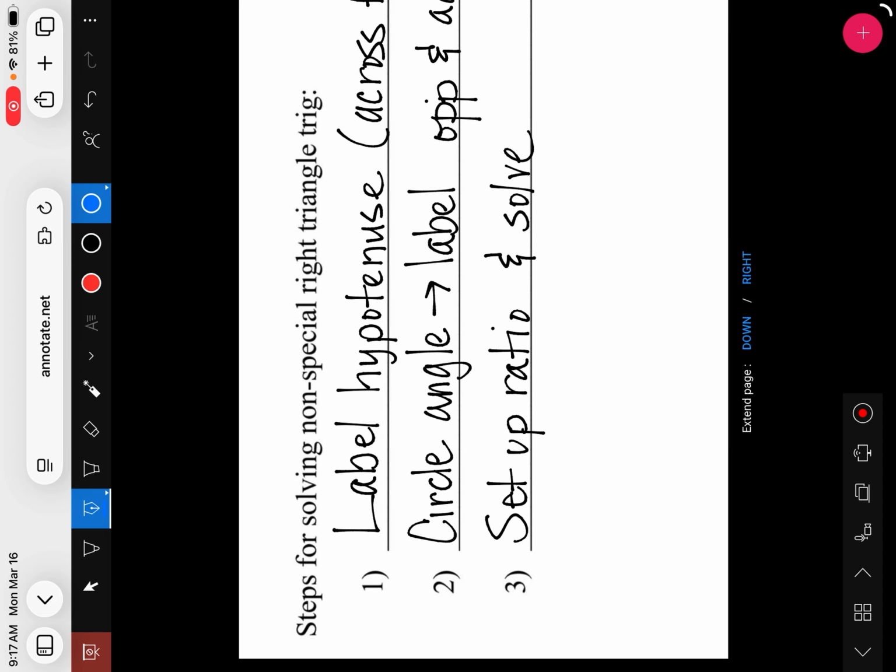I always think the easiest side is hypotenuse, so we always start with that one because that's across from 90 degrees. Then we're going to circle the angle because they're going to give us one of the angles. We're going to label the other two sides either opposite or adjacent. If it's right next to the angle, it's adjacent. If it's across, it's opposite.